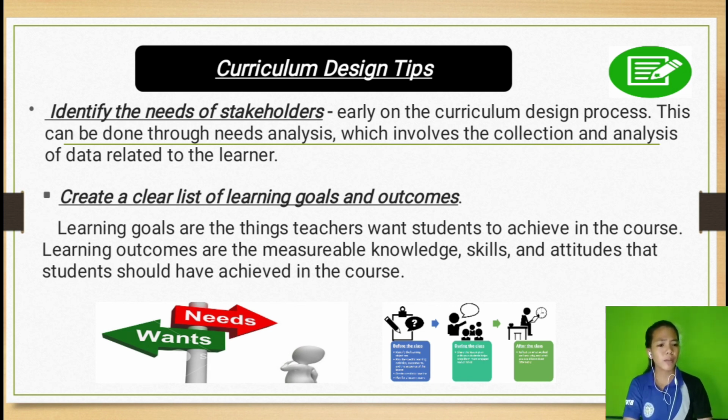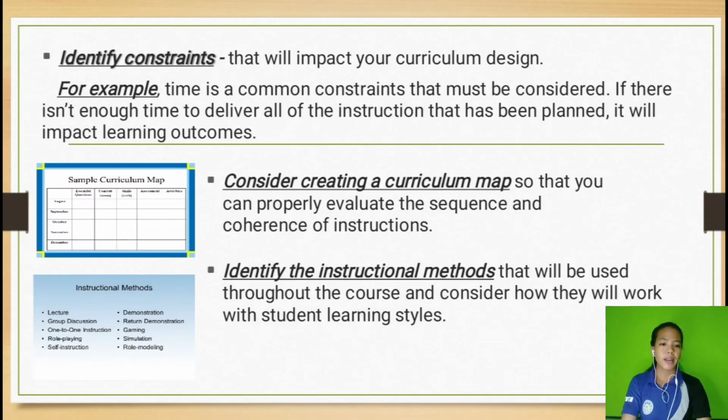And learning outcomes are the measurable knowledge, skills, and attitudes that students should have achieved in the course. Examples of these are knowledge, comprehension, analysis, and so on.